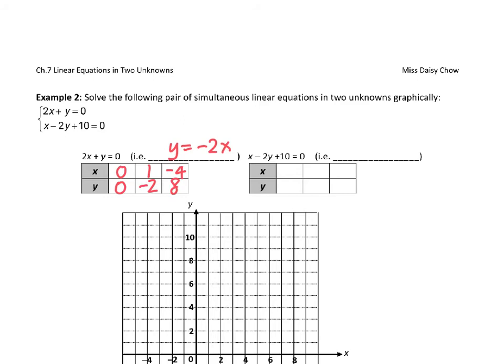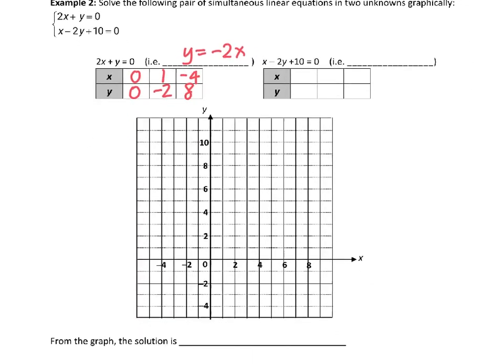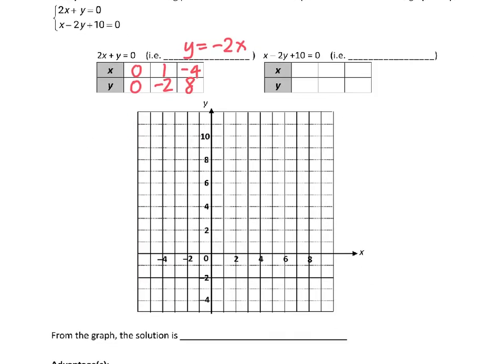我代個數字係相差得遠少少，因為個 graph paper 嘅 y coordinate 係 up to 10，咁我就盡量啲 point 隔遠少少。For me to draw the straight line, 其實你揾咩 point 都 OK。So I put the point 0 is somewhere here, and then 1, -2 is somewhere here, and then -4, 8 is somewhere here.